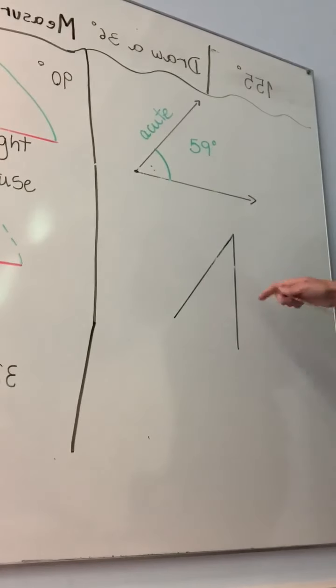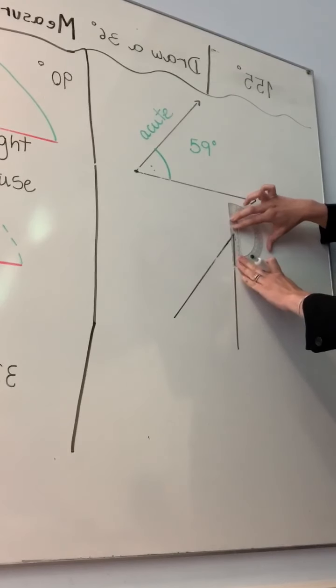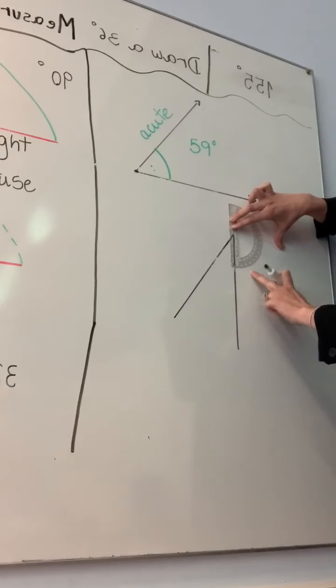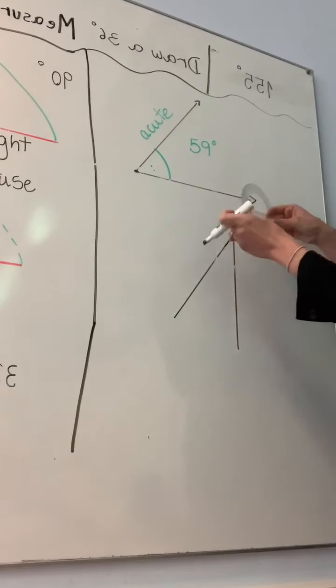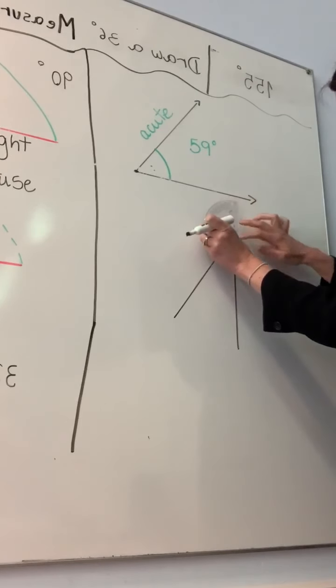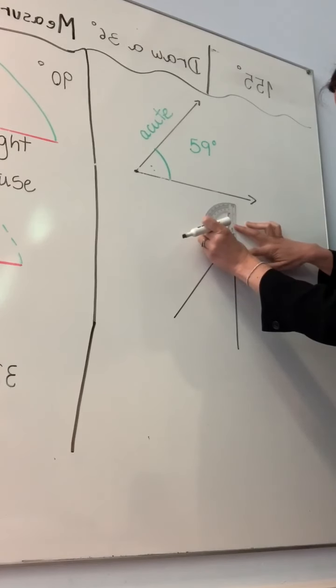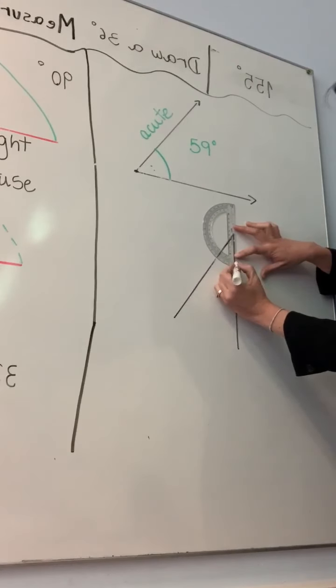Now for this second angle here, make sure you don't place your protractor like this, because that would be wrong. You would not be able to measure the angle. Make sure your protractor's 0 line is placed within one of the rays, and then we'll circle.